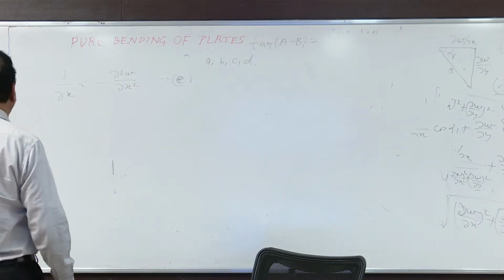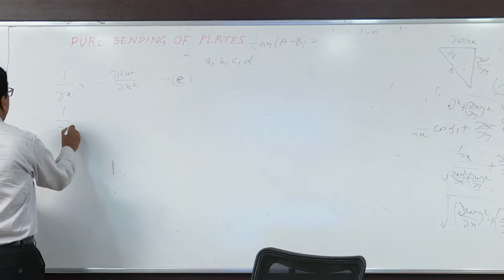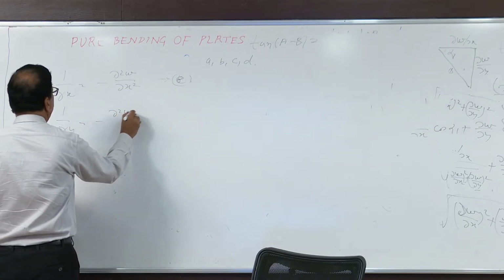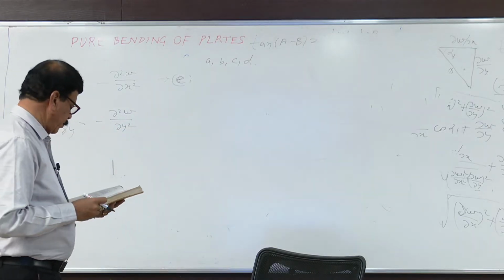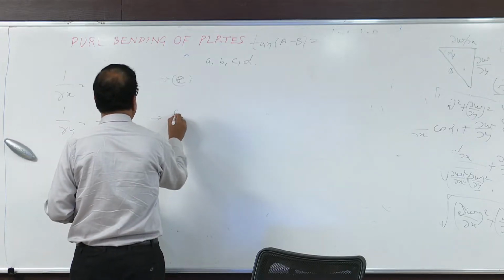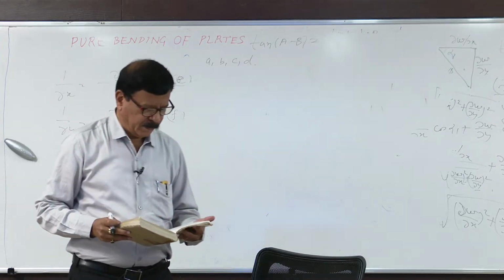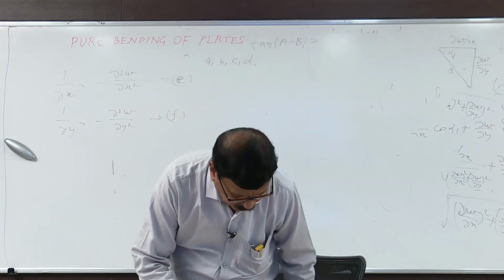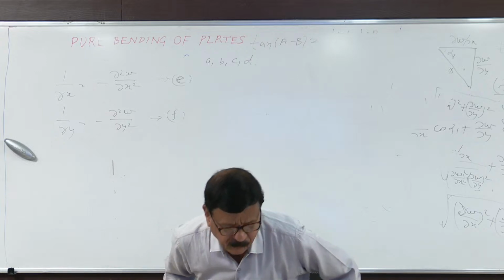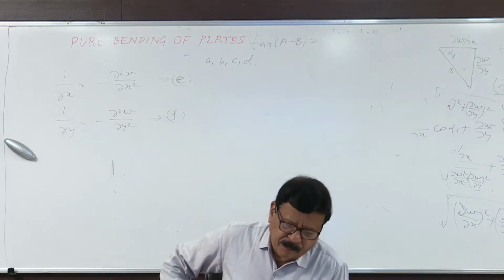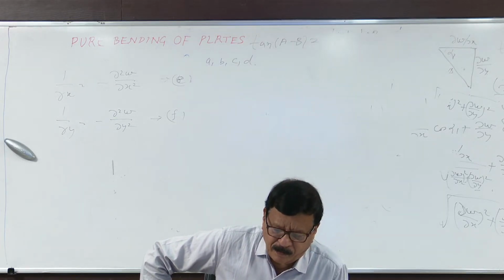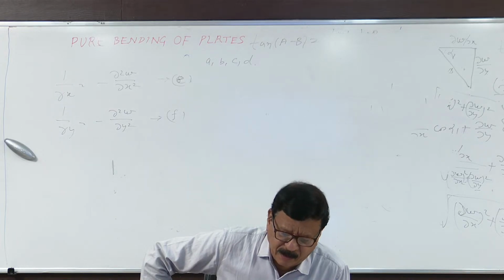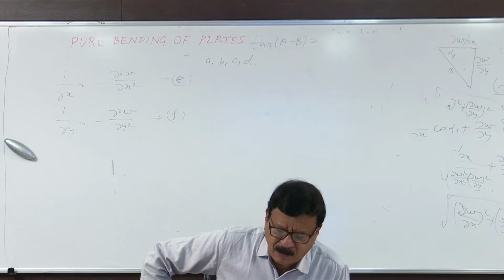And 1 upon Ry is equal to... What did I say? If we consider the curvature positive if it is convex downward, then we take the minus sign in equation E since the deflection is convex downward.